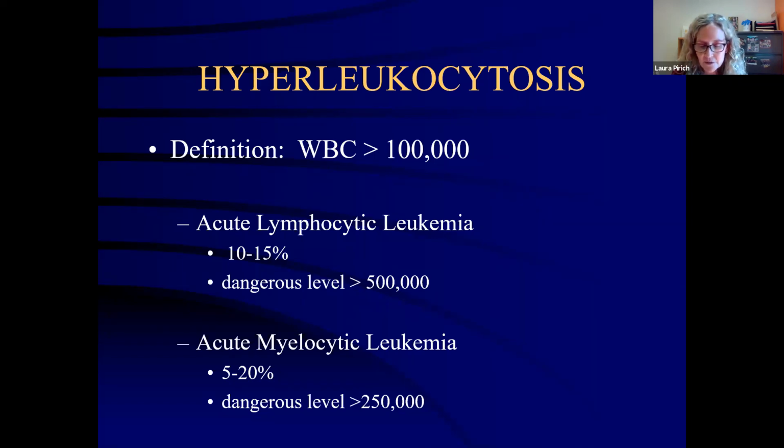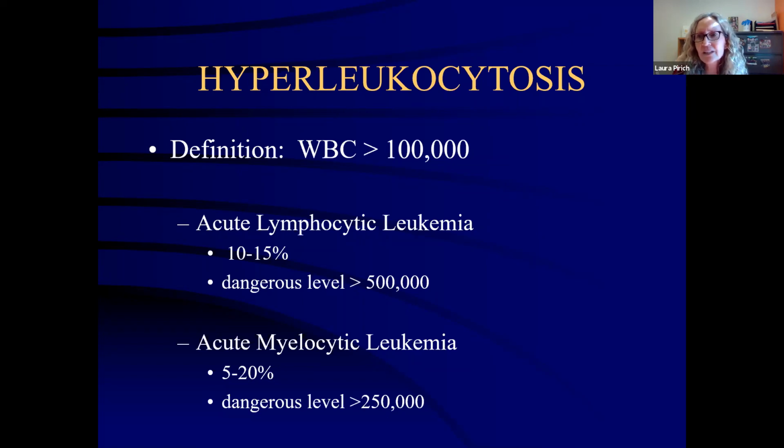Because lymphoblasts are smaller than myeloblasts, the myeloblasts, because they're bigger, can clog the microcirculation more easily. Really at a white count greater than 250,000, you might start to see some signs and symptoms of hyperleukocytosis in someone with AML.